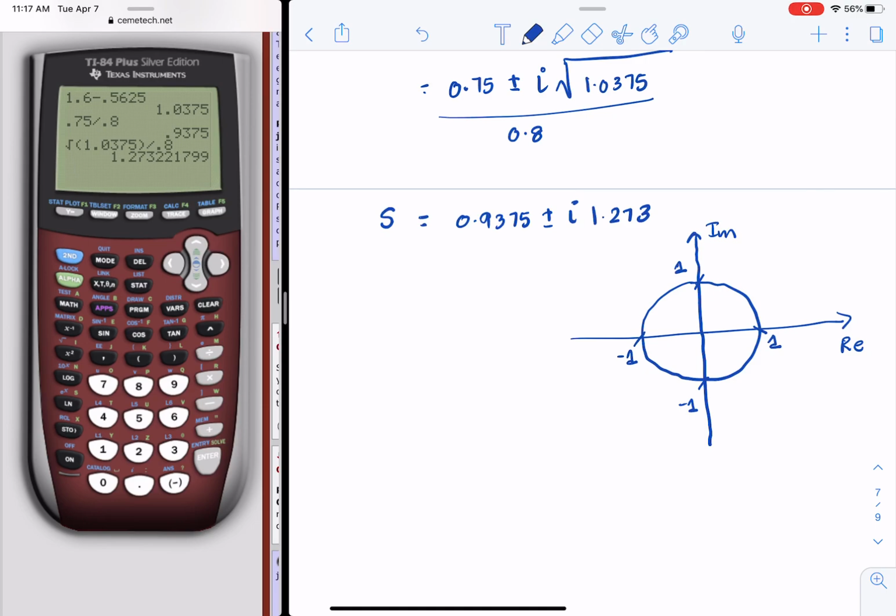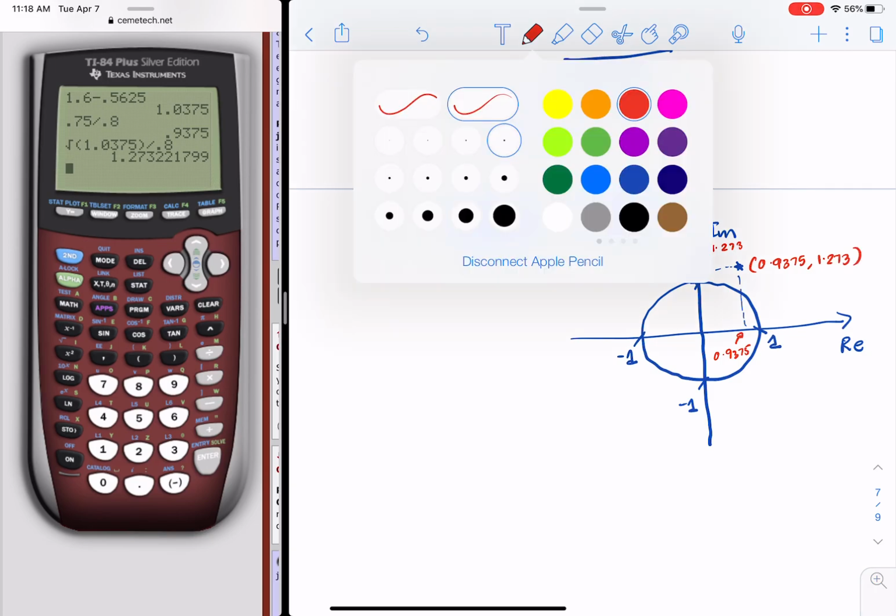If I plotted this, the real part here is 0.9375, the imaginary part is 1.273. So the coordinate pair would be 0.9375, 1.273. So clearly that point lies outside the unit circle.